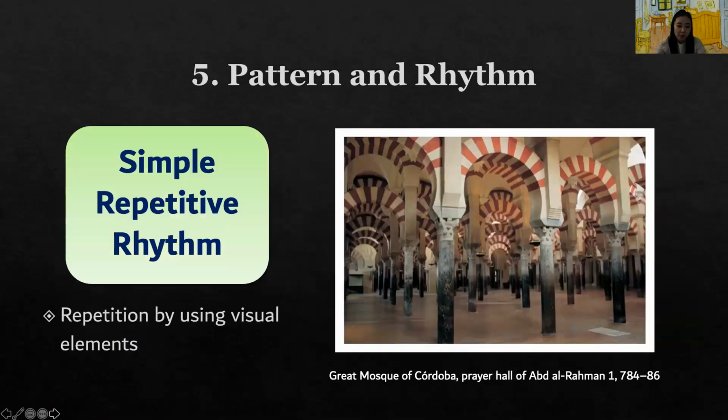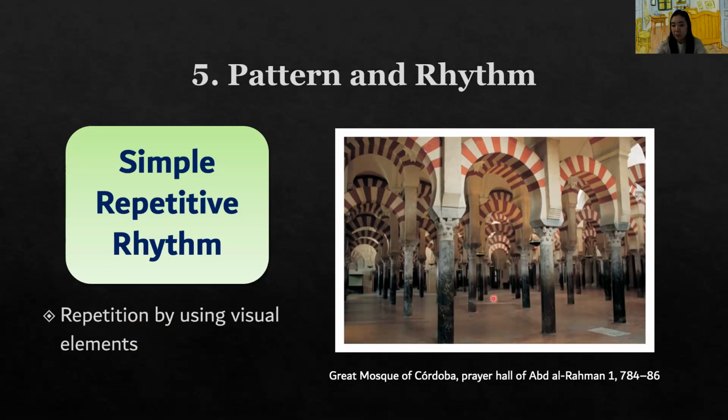And simple repetitive rhythm is repetition by using visual elements like shape, color, size, value, line, or texture over and over again, like this example.